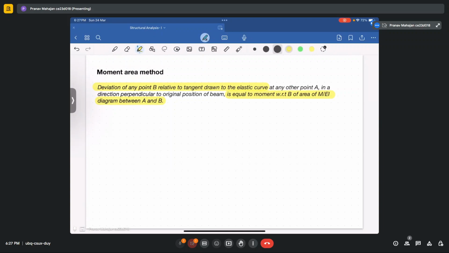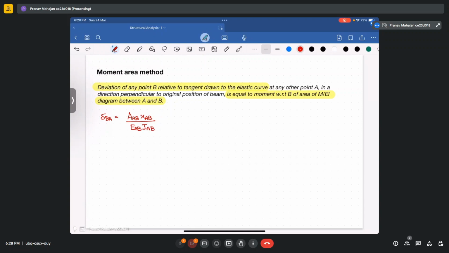So that means your delta BA will be equal to AAB into HAB. Now this is my moment divided by EI, which will give me the deflection at that particular point.